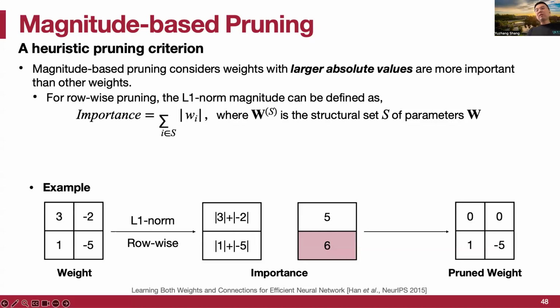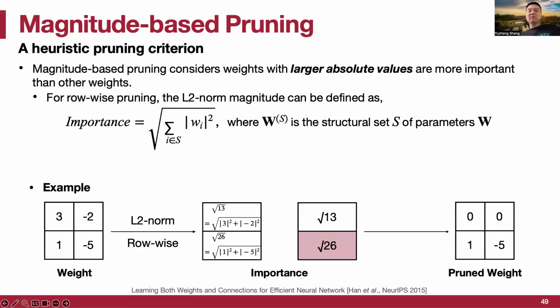We can also use maybe the L2 norm to measure the importance of those vectors, like this, right? Similarly, even under the L2 norm criterion, we find that the first row is not that important, so we prune the first row, only keeping the second row. And our pruned weight is like this.